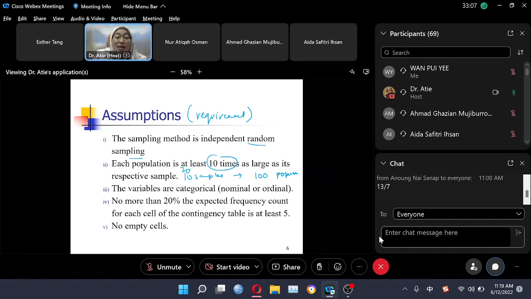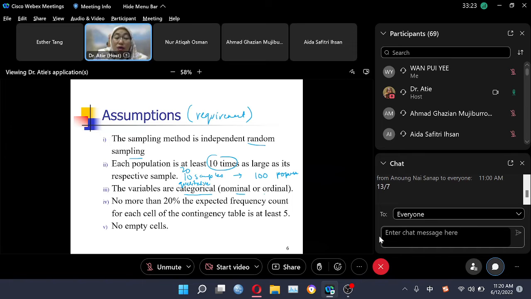Next, the variables are categorical. Categorical means qualitative variable of data. So it can be either nominal or ordinal.